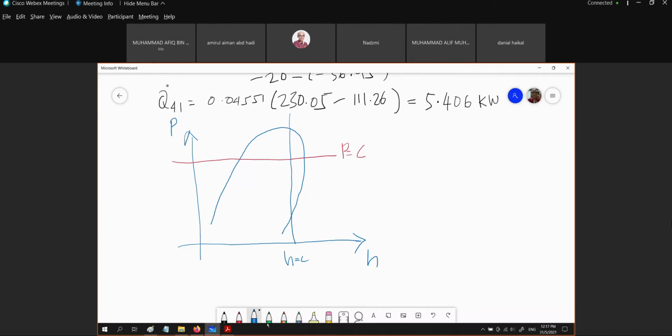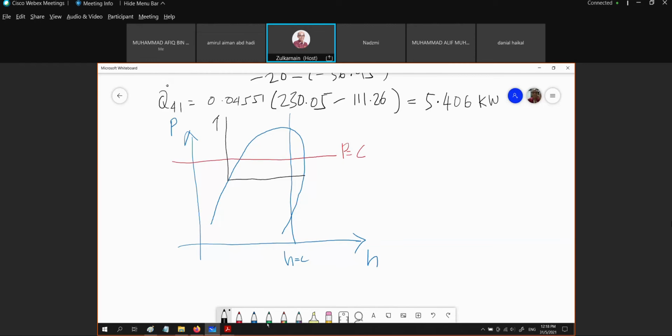And the third property that we are interested to sketch on a pH diagram is our temperature line. So the temperature line will look like this. It's vertical. The temperature line is vertical at the compressed liquid. Then we have the phase change line, which is horizontal. Phase change, we know that the phase change will occur during T constant.